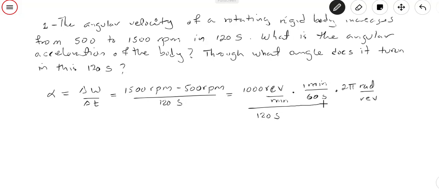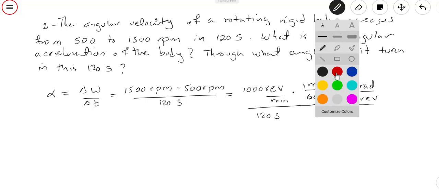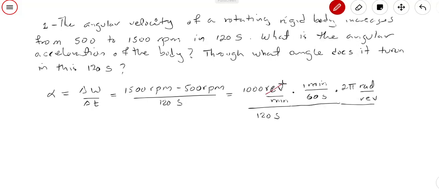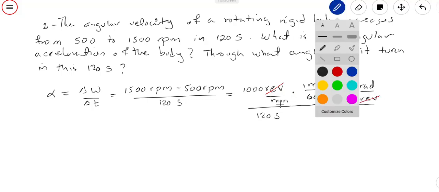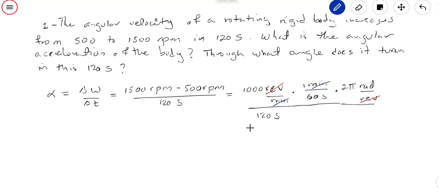All this will be divided by the 120 seconds. So now we are going to show you how we cancel the units. I will cancel these revolutions with the revolutions over here, and I will simplify these minutes with these minutes over here. So I'm going to have radians per second, which is the unit I am expecting here, right?